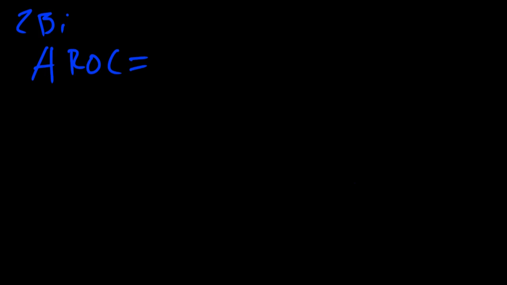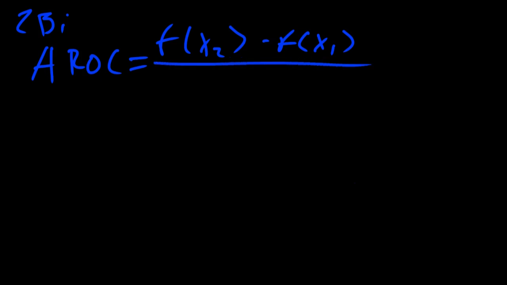So our formula is just f(x2) minus f(x1) over x2 minus x1.